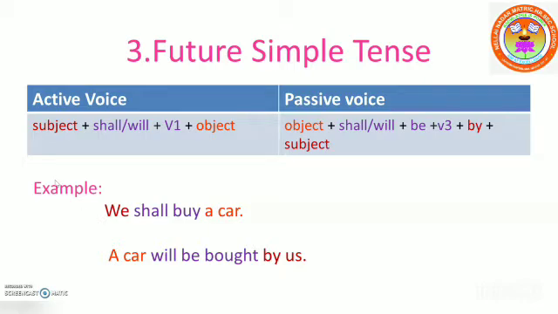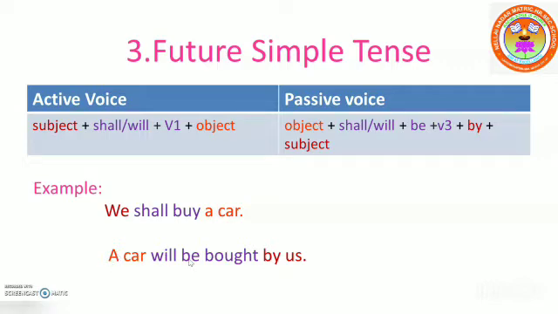Example, we shall buy a car. Passive voice: a car will be bought by us. Here the subject we is changed into us, and the object a car is moved into the place of subject.